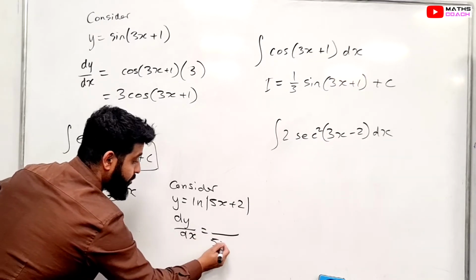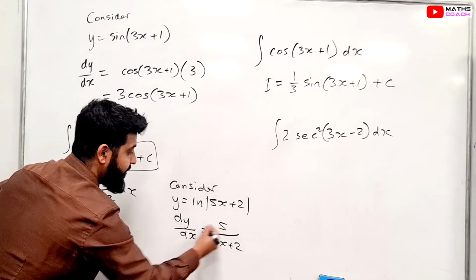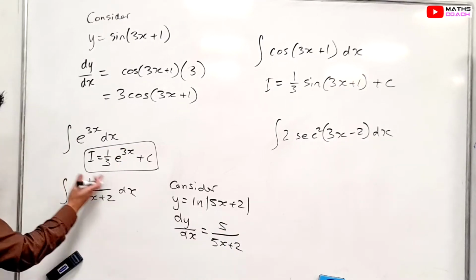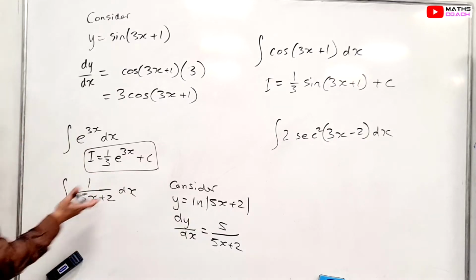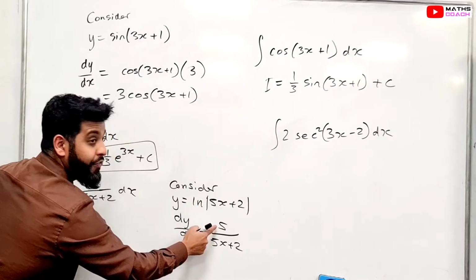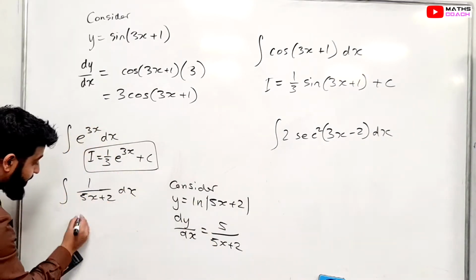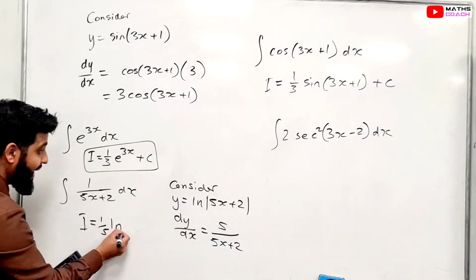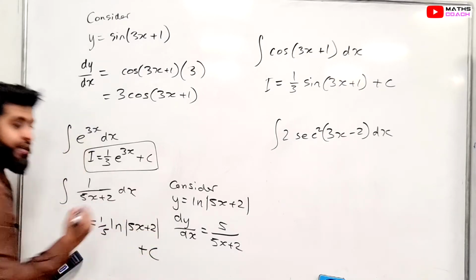The original is going to be 5x plus 2, but on the top, what do you differentiate this to? Just 5. Now, if you look at this, and you look at what you're integrating, what's on there that's not on there? The 5. So you're going to say this is the integration, but you want to get rid of that 5 by dividing. So the integration of this is going to be this, but you divide by 5. So you say a fifth ln 5x plus 2 plus c.